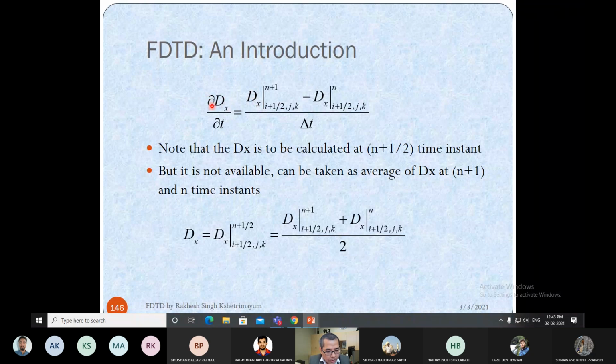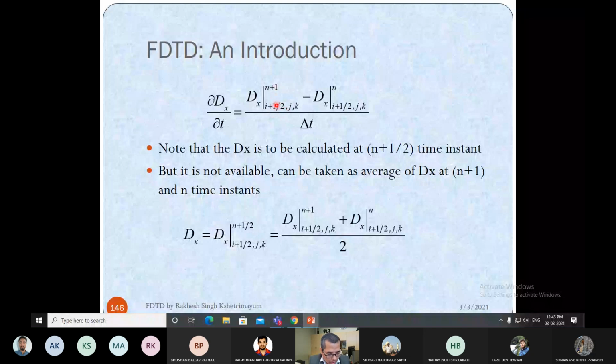So if I want the partial derivative of Dx with respect to time, then Dx at n plus 1 minus Dx at n, divided by delta t. What is the location in space? Dx will follow that of Ex. Ex was at the half of the edges along the x-axis, so i plus half, j, k. So Dx and Ex have similar discretization: integer time steps, and half space step for the x component.